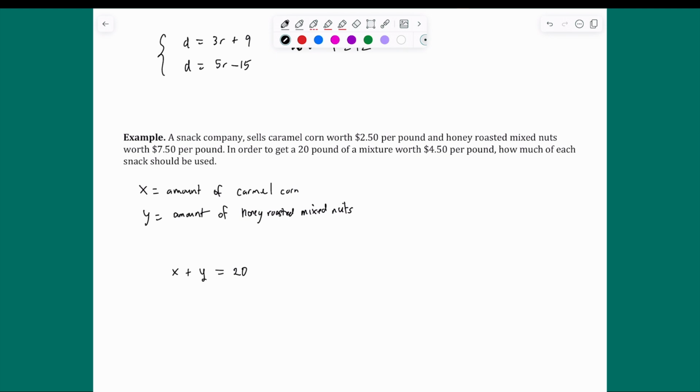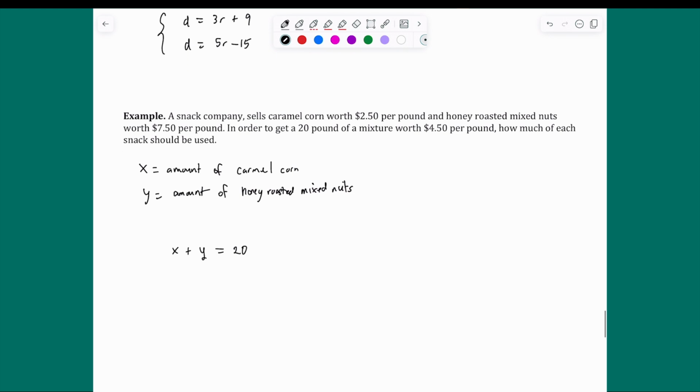Okay, and the other one is where the mixture comes into play. So, you have 20 pounds, and this is going to sell for $4.50. And so what you get there is 90, the value of the mixture would be $90. So now, how much of X are you contributing?